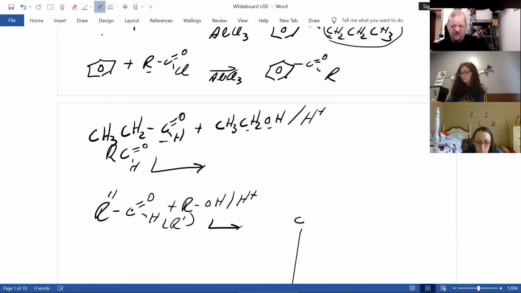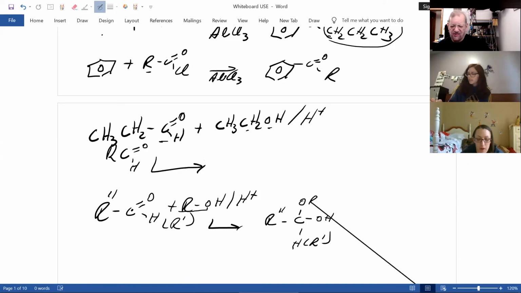Whatever is attached to it, H or R prime, and R double prime is still there. This opens up to a hydroxyl group, and the alcohol OR is attached to that. So here's my carbonyl carbon. I can call that R prime or H. This is R double prime, and here's my R group.